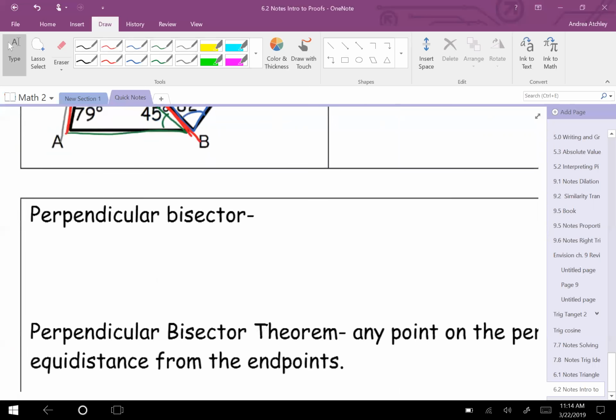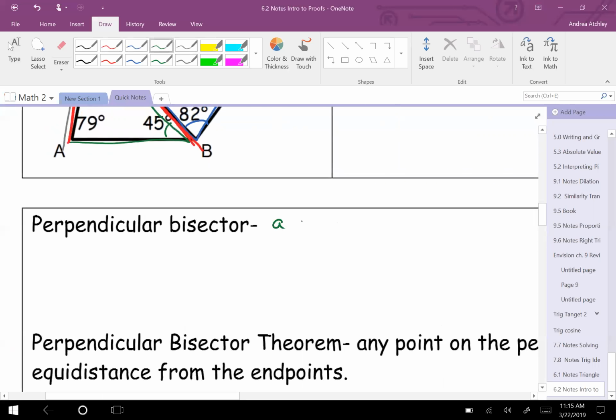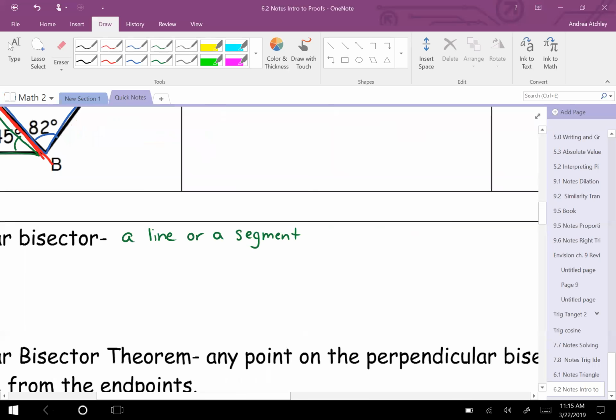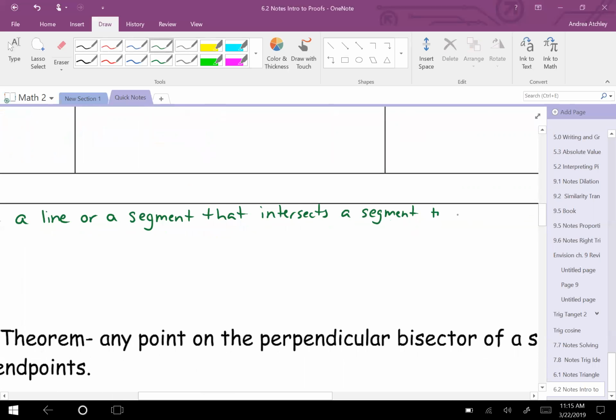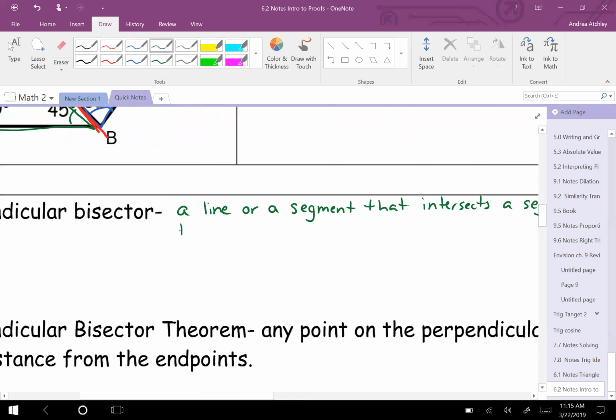Okay, so our perpendicular bisector is a line or a segment that intersects a segment to form perpendicular lines. I wrote that.